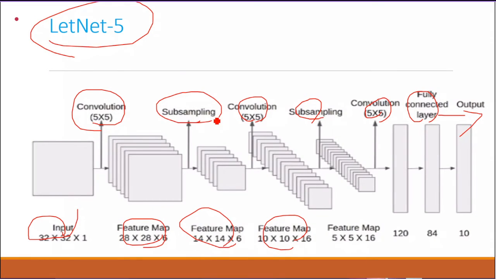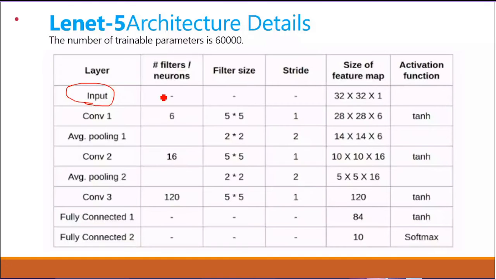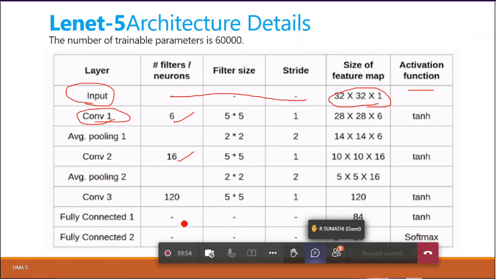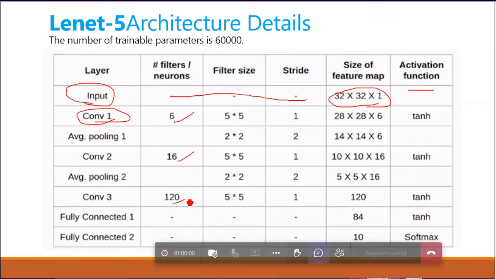So the LeNet architecture is considered for your input. What is that input? The feature size is considered as 32:32:1 here, because initially we don't apply any filter for the input activation function. Convolution 1 applies 6 filters, convolution 2 applies 16 filters, and convolution 3 applies 120 filters, according to Lee, who designed LeNet.